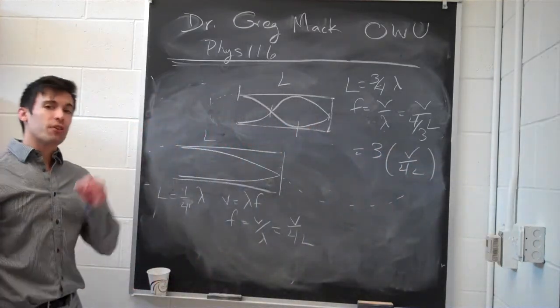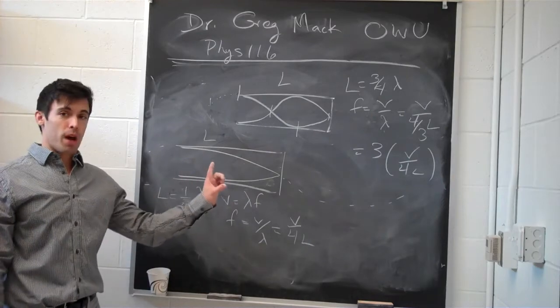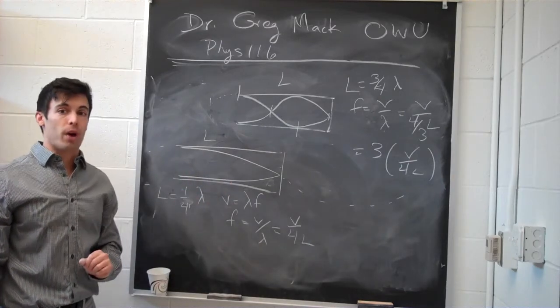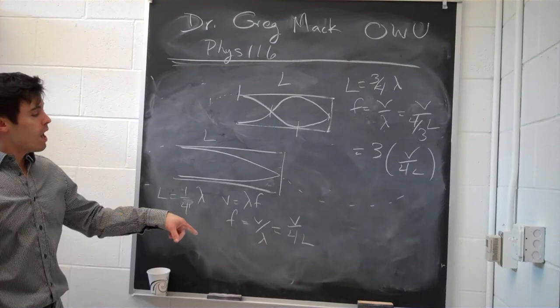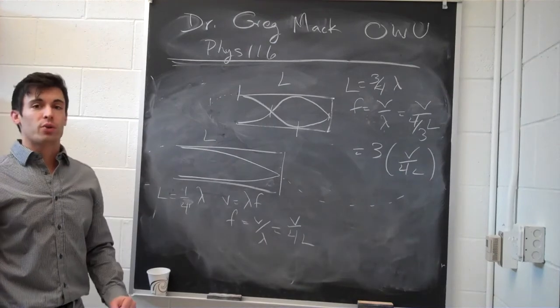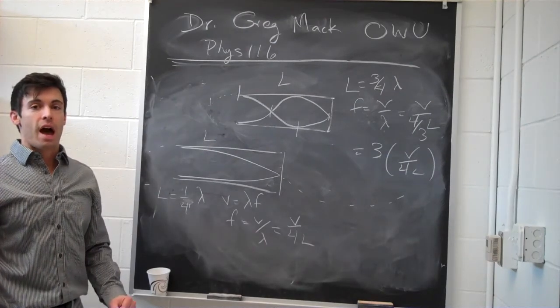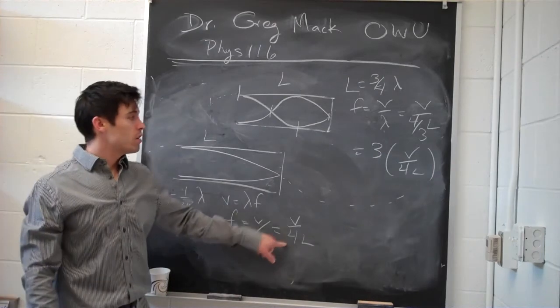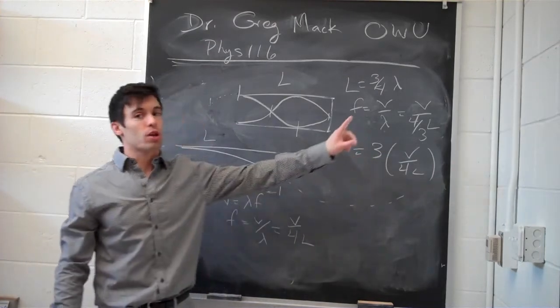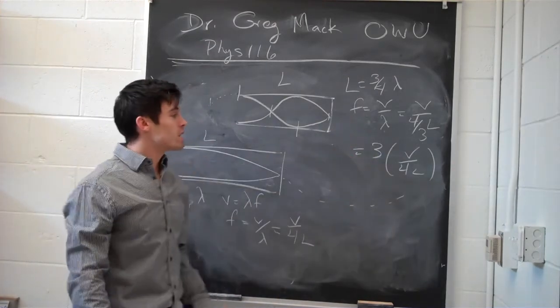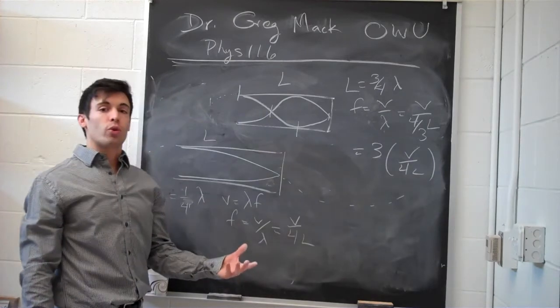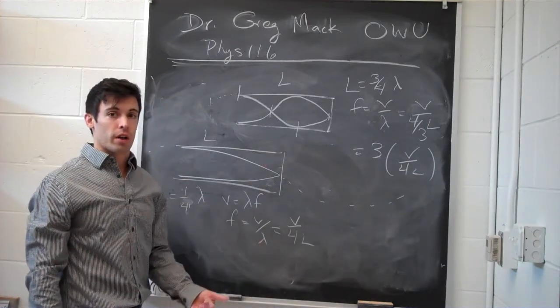So this is going to be a different situation for the closed pipe on one end than it is for the two open pipes. For the closed pipe on one end, we see where it actually is going to have 1 and 3. Not 1, 2, 3, but 1 and 3. And so what ends up happening for this one is that you can only get the odd harmonics for this.